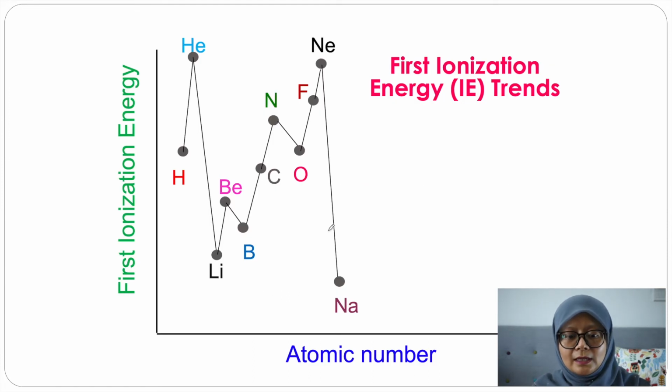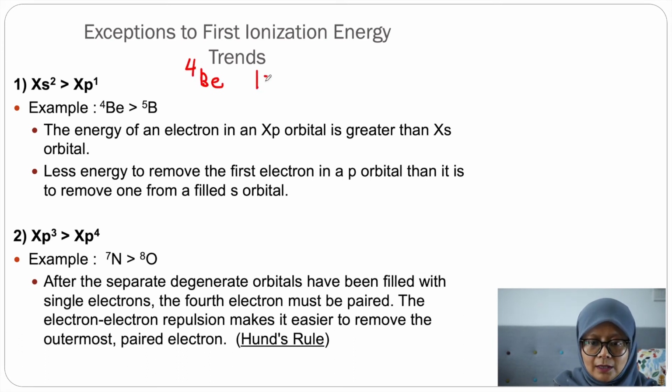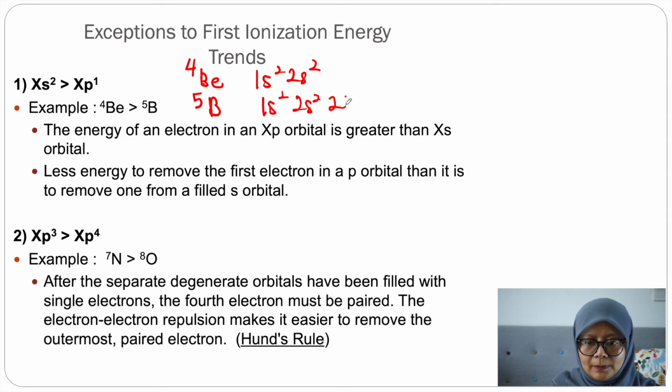So this is an example of the first ionization energy trends, based on the atomic number. Then we have two exceptions to the first ionization energy trends. The first one is beryllium and boron. Here you need to write down the electron configuration. Beryllium, atomic number 4, is 1s2, 2s2, while boron, 5, is 1s2, 2s2, 2p1.